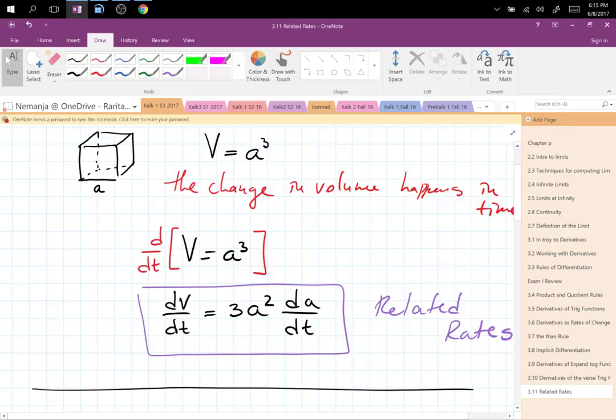You will find the rate at which the water is leaving, the rate at which the coffee is pouring into the pot, and the rate at which the height of the coffee in the pot is rising.